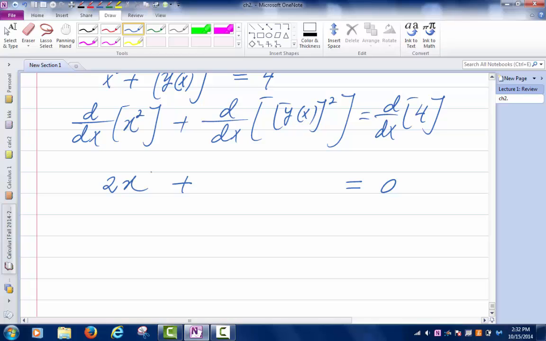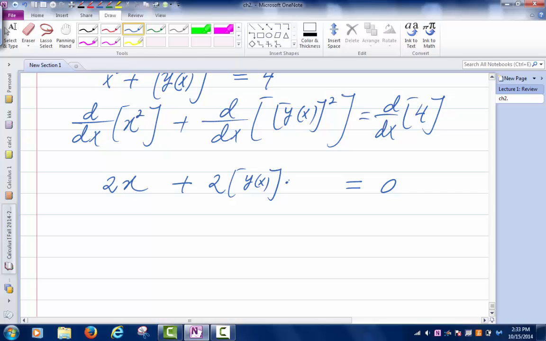So what is y of x? y of x is some function of x, right? So you look at this expression, you're taking the derivative with respect to x, you would wish this was x squared, right? If this was x squared, then the derivative would be 2 times x. That would be the derivative if y of x was just x.